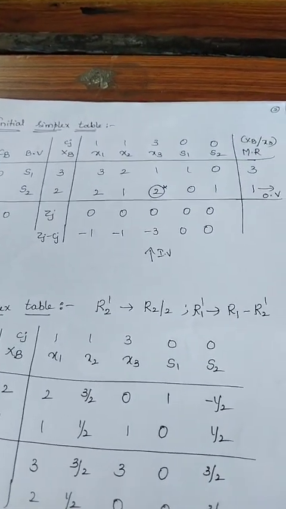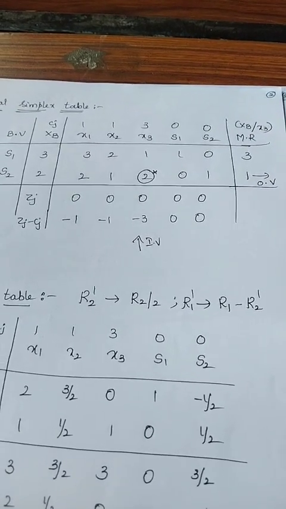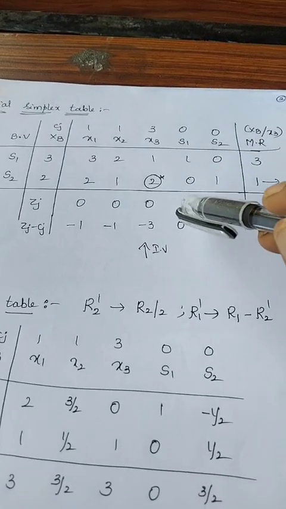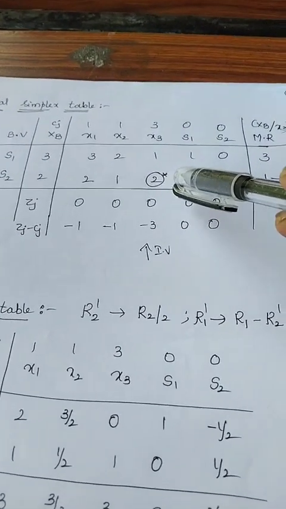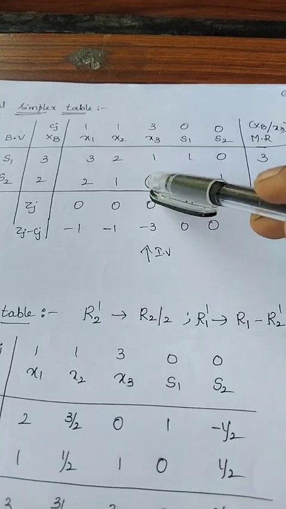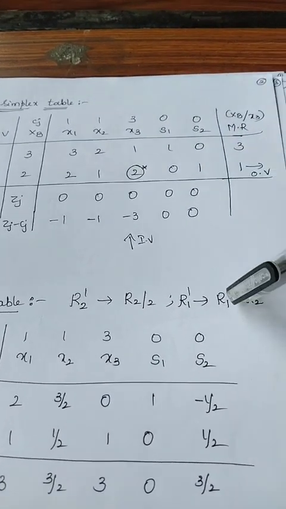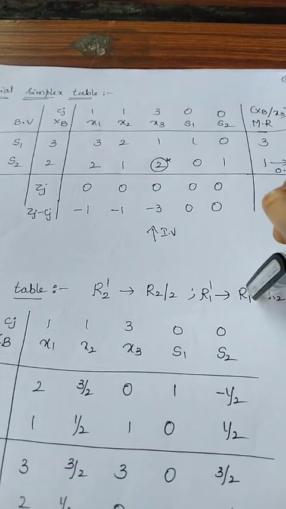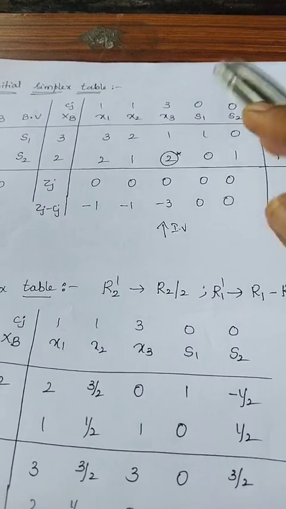Now, where the incoming variable and outgoing variable meet, the intersection point will be called your key element, which I have given as a star. So this is your key element. Now we are going to use the row operations to make the new table.